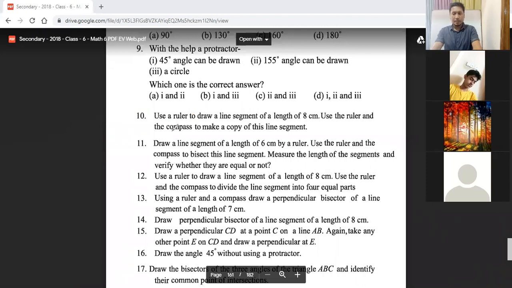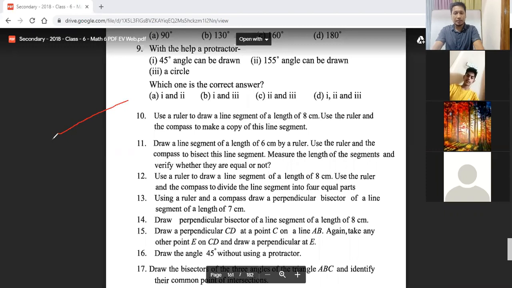Number 11 says, draw a line segment of length 6 centimeter by ruler. Use the ruler and the compass to bisect this line segment. Measure the length of the segment and verify whether they are equal or not. Very easy also. Just you have to draw a 6 centimeter line by using ruler. So use the ruler and compass, bisect them. Suppose this is 6 centimeter long line.